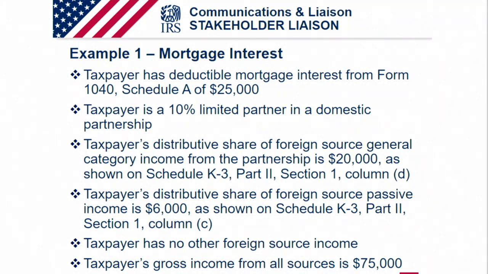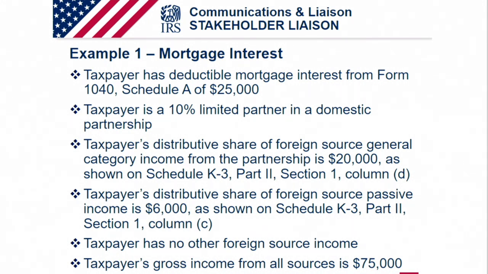So we'll now look at an example. In this example, the taxpayer has deductible mortgage interest from the Form 1040 Schedule A, and that amount is $25,000. Taxpayer is a 10% limited partner in a domestic partnership.